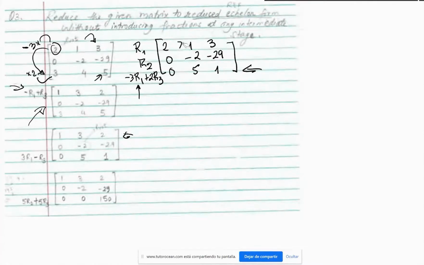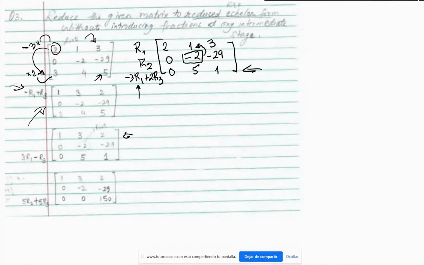Then, here, I'm going to get, with this number, a 0 here, but the problem is that we cannot divide by minus 1/2 and get a 1. They don't want us to do so.